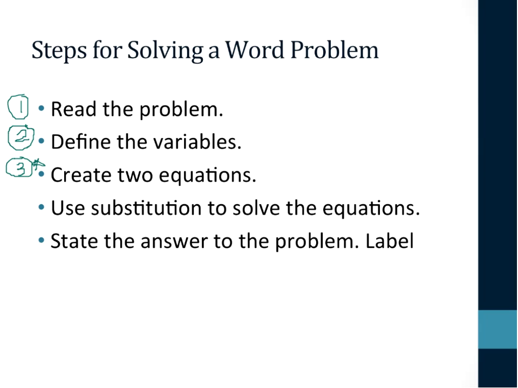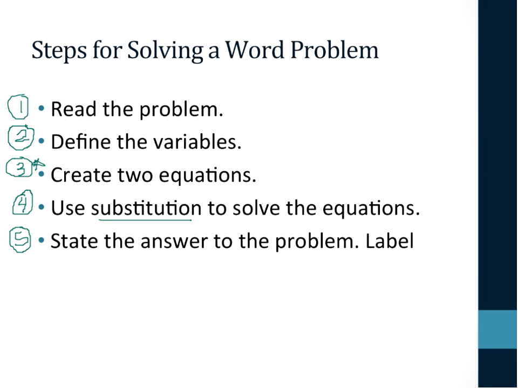And I think steps 2 and 3 are the hardest. Trying to figure out what are our variables, what's changing in here, and how do we create these equations. Because once we figure out what the variables are, and what our two equations are, then we're using algebra. We're using substitution, which we just looked at, or again, graphing or t-charting or elimination, to solve the problem.